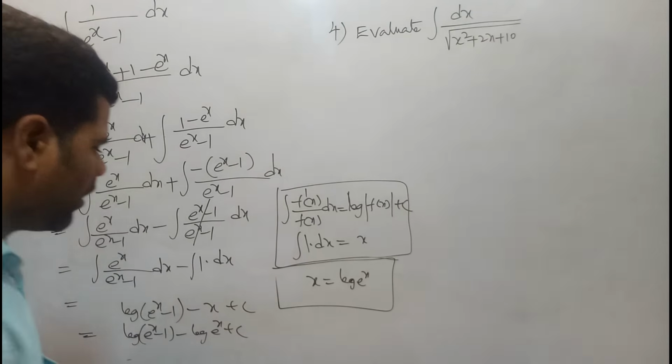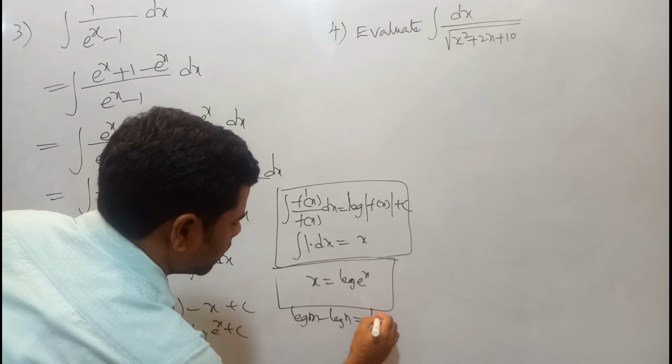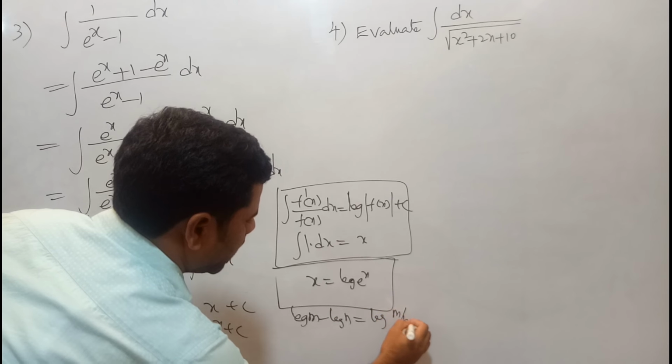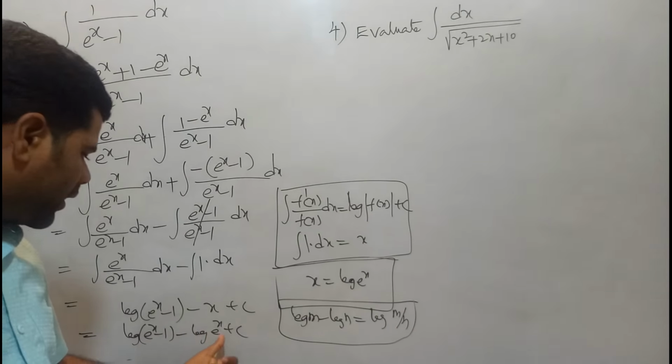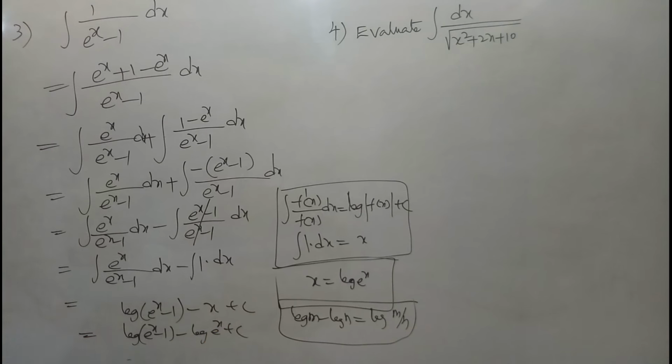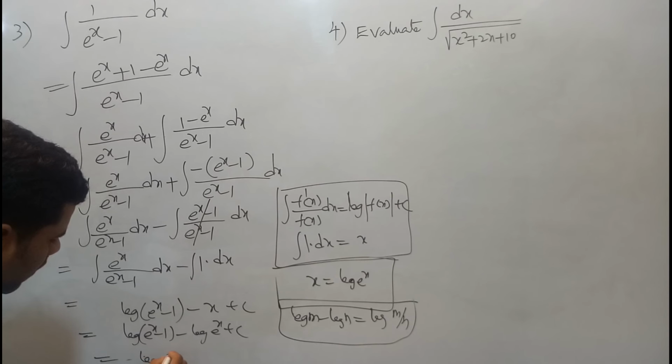And we know log m minus log n is equal to log m by n. So finally, log of (e to the power of x minus 1) by e to the power of x plus c is the answer.